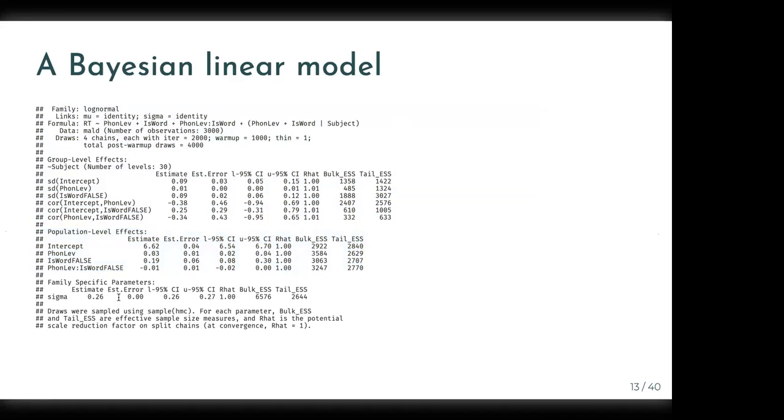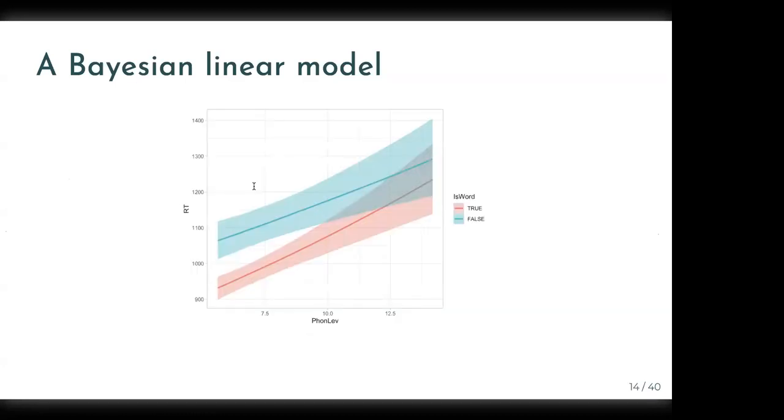And this might look slightly familiar as well if you're used to the lme4 output. You get very similar information plus information that is specific to Bayesian models, and we're going to talk about those later.